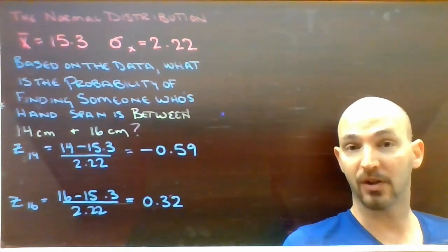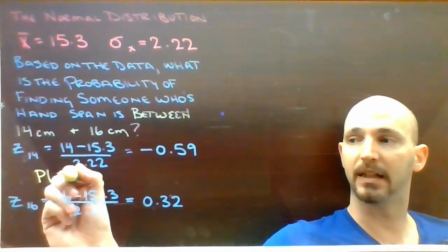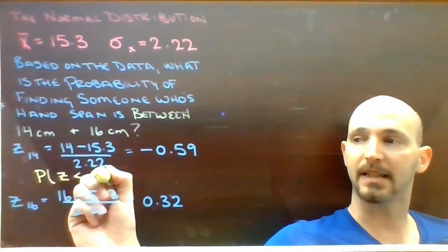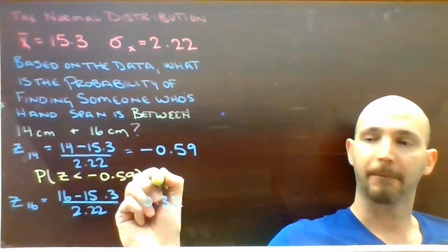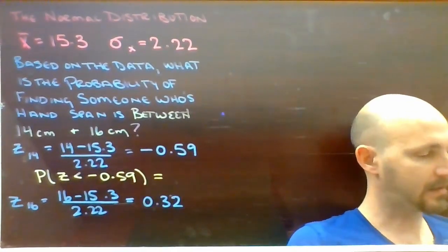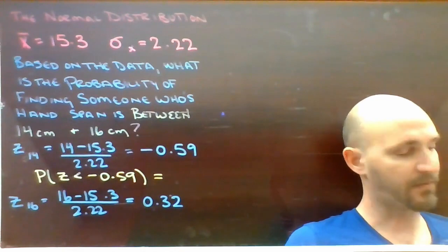So if I get out that chart again, I'm going to check the probability of finding a z-score less than negative 0.59. And I find 0.2776.